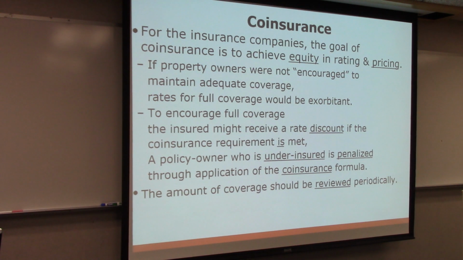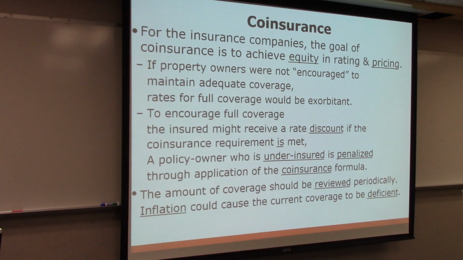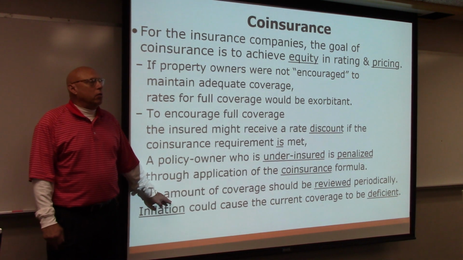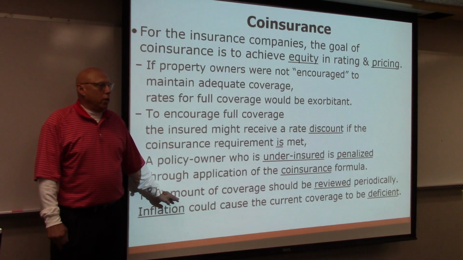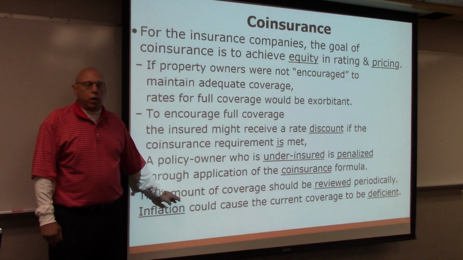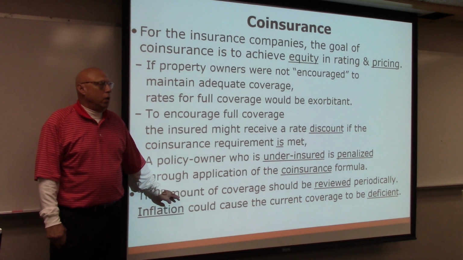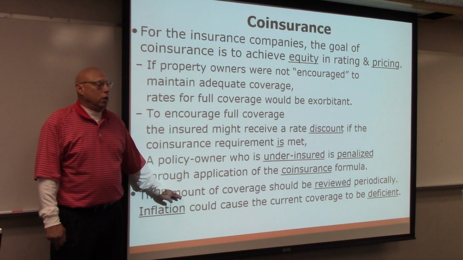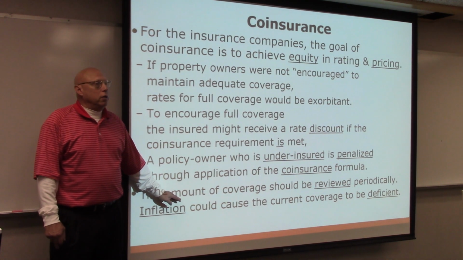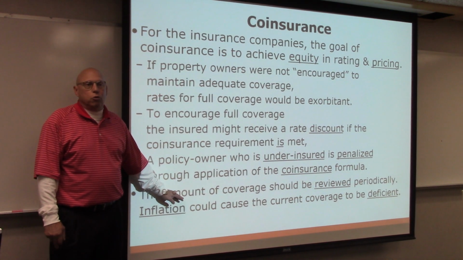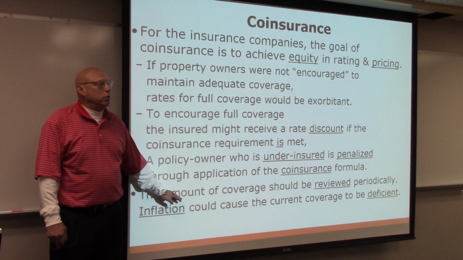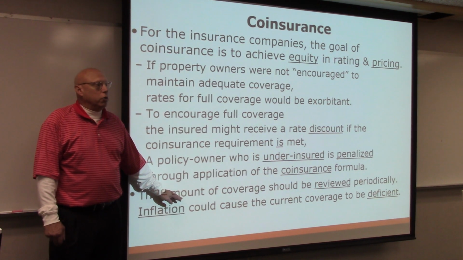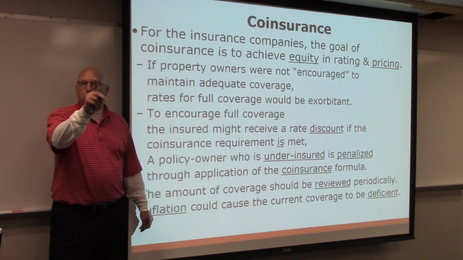The amount of coverage that you have should be reviewed, because if you have a $1 million building and your co-insurance clause is 80%, and you take out $800,000 worth of coverage, and then your building rises in value to $1.1 million or $1.2 million, you're not going to have adequate coverage. You're going to get penalized, and you could be surprised.